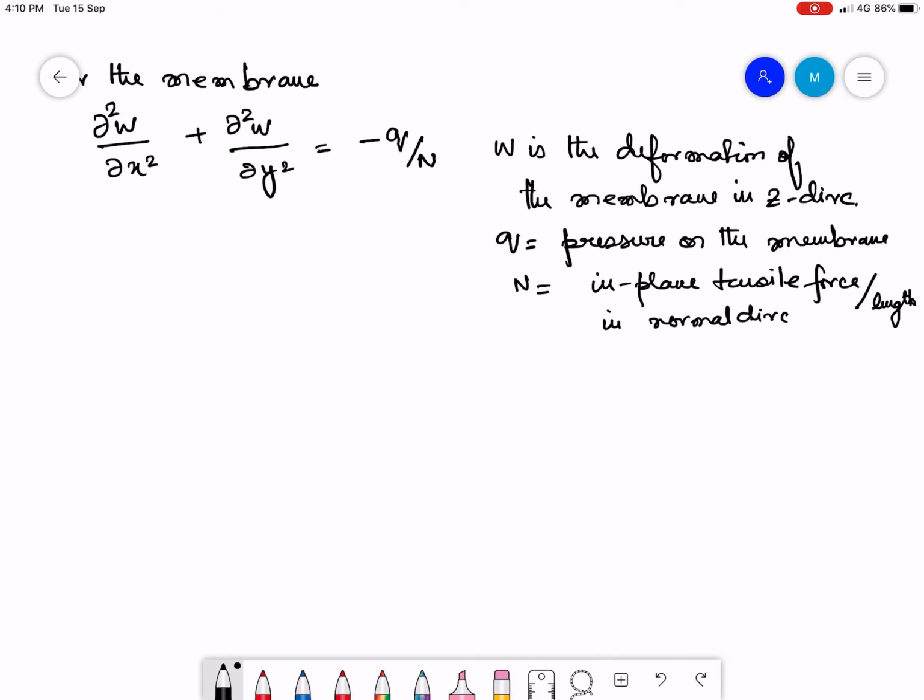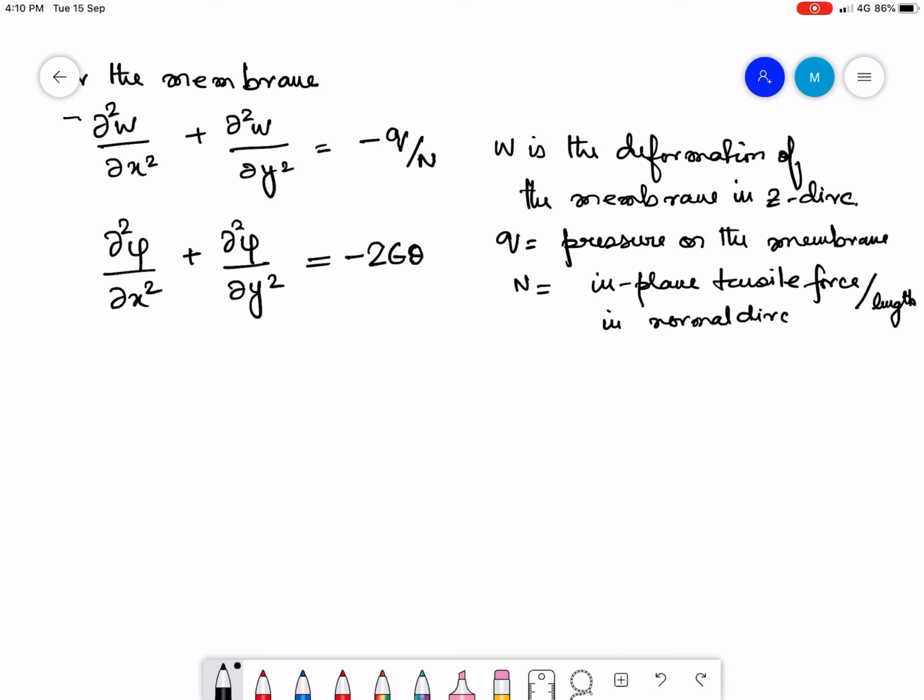Okay. Now, if you look into this equation, this is completely analogous to the equation for the Prandtl stress function. The equation for Prandtl stress function is del 2 phi by del x square plus del 2 phi by del y square is 2 G theta. Okay.